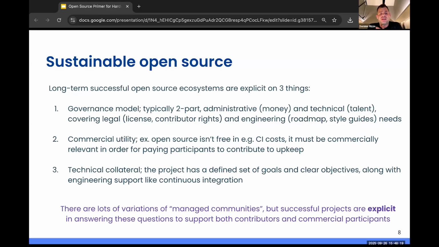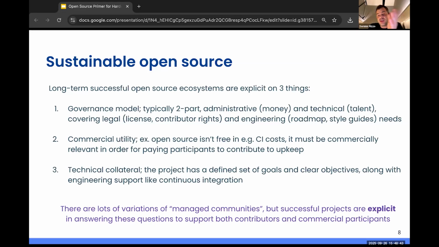And then, of course, the third thing, this seems a little bit obvious to say, but you have to produce something. There has to be a set of technical collateral, ideally with a set of clear goals and objectives. There is a lot of utility in providing a framework that people can execute against, tends to lead to much better outcomes.